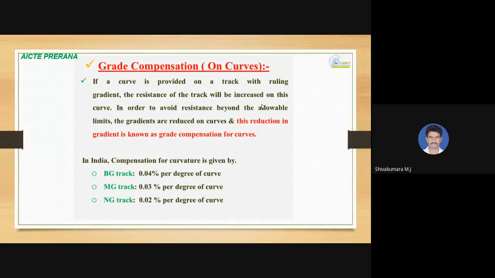Over there also, on horizontal curves, if a gradient was there, we were doing compensation of grade. So in India, compensation for curvature in the case of broad gauge is 0.04% per degree of curve. If it is meter gauge, 0.03%; narrow gauge, 0.02% per degree of curve.